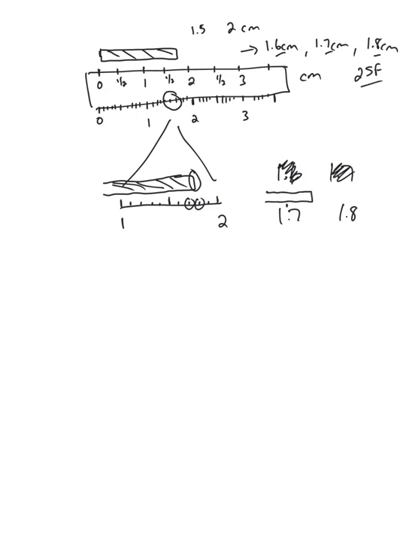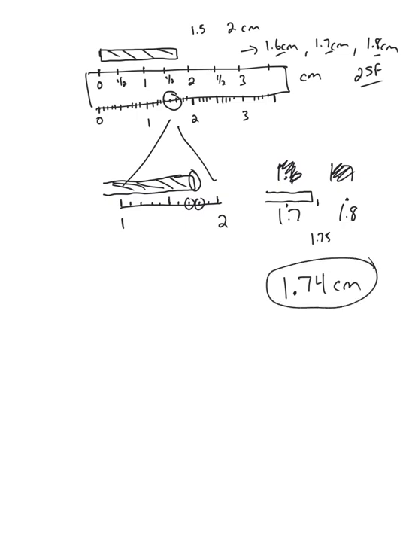And let's say the 1.7 is here, the 1.8 is here. I can now visually break this scale up between 1.7 and 1.8 and say, okay, halfway between is about right here. So based on that, where that object is, it's not quite to the halfway mark between 1.7 and 1.8, which would be 1.75.